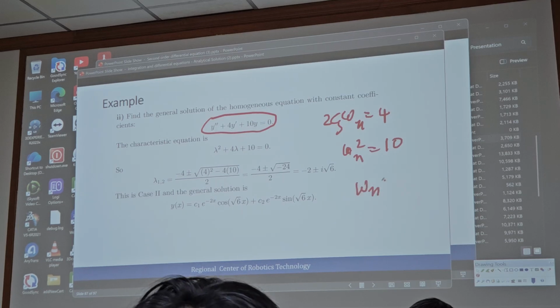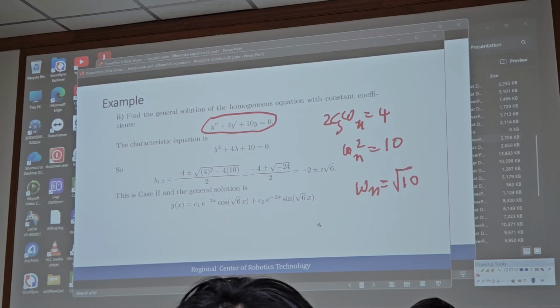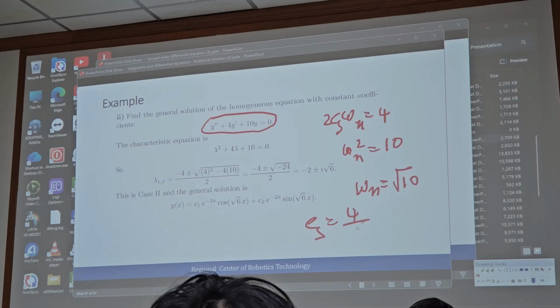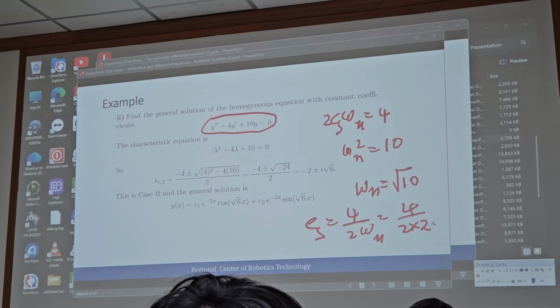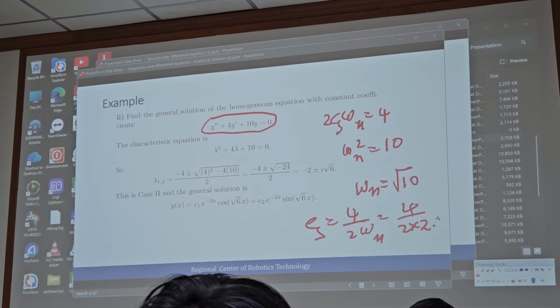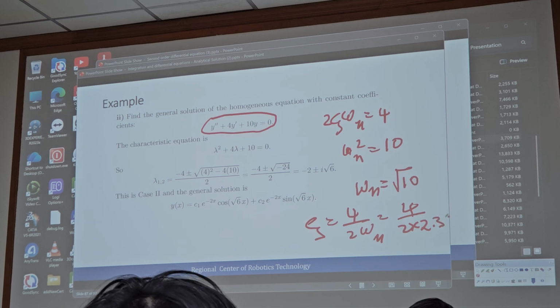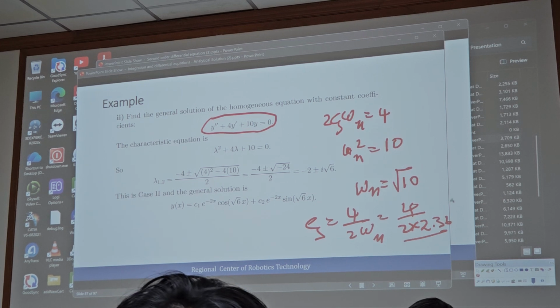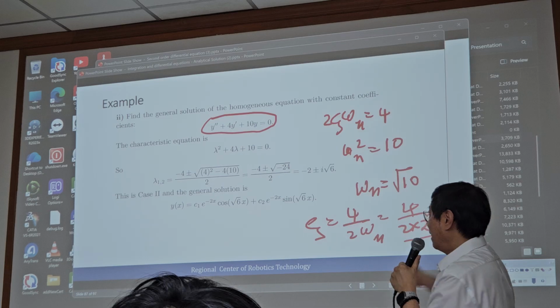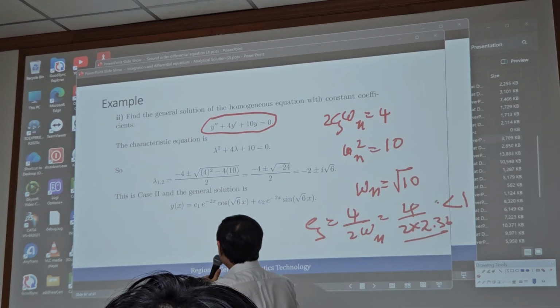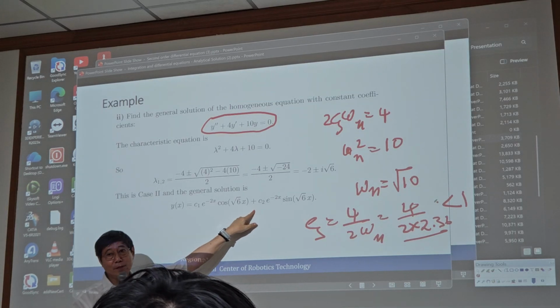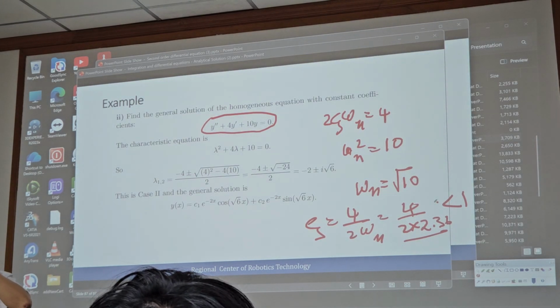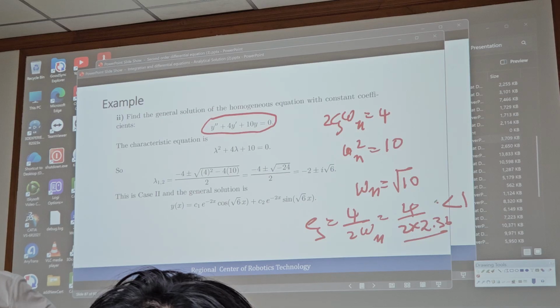So omega n is equal to square root of 10, right? Psi will be equal to 4 over 2 omega n, right? So this is less than 1, right? Less than 1. Oscillation, you see? You can tell that way. Some oscillation. Okay.